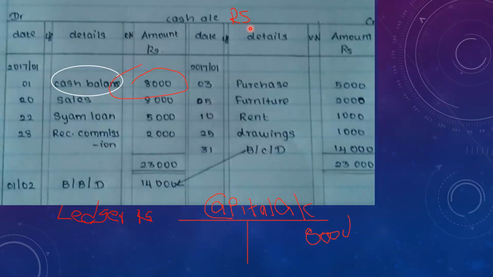Since it is a cash balance, here also we write balance. We don't write cash here. Because it is a balance, we write this 8,000 in credit side and write the detail: balance.